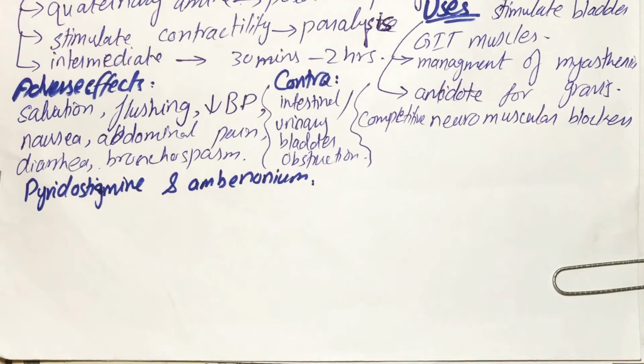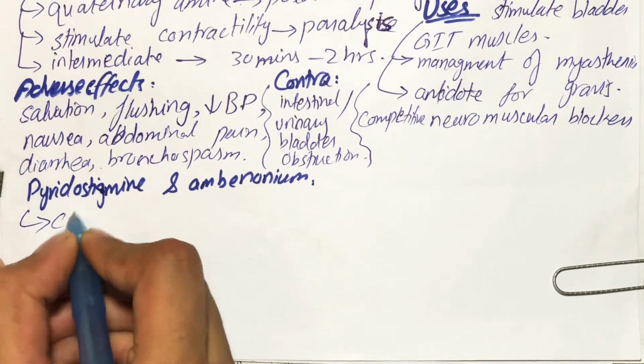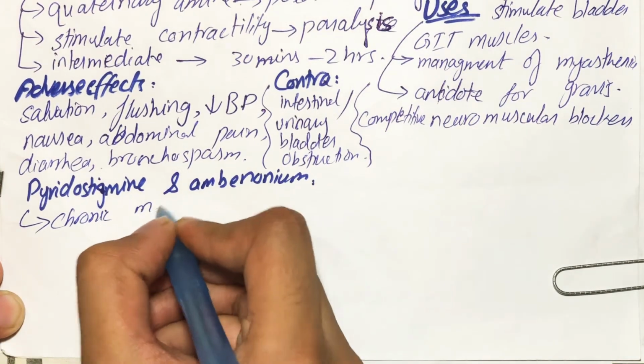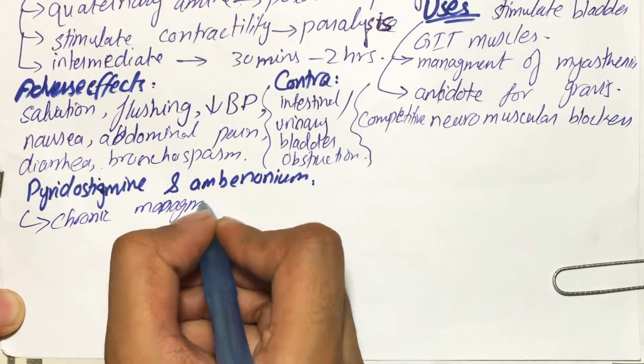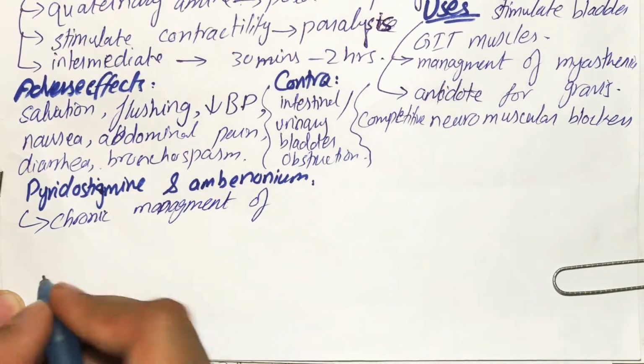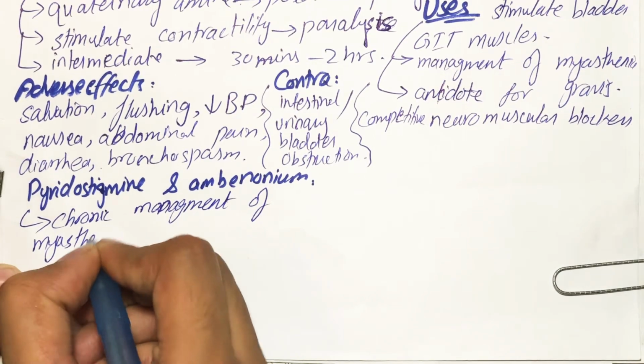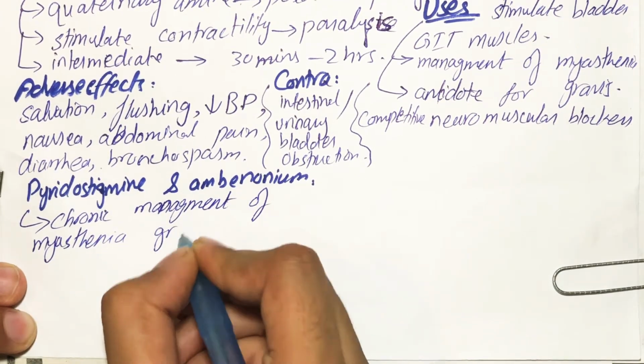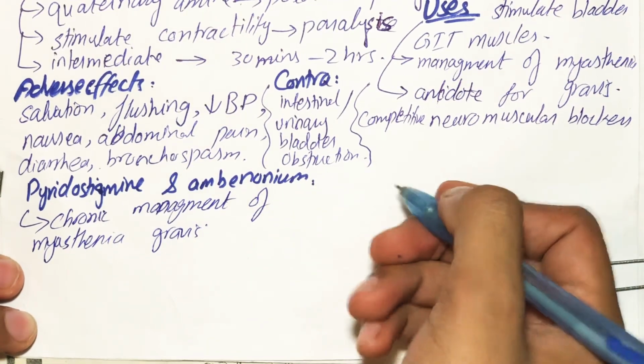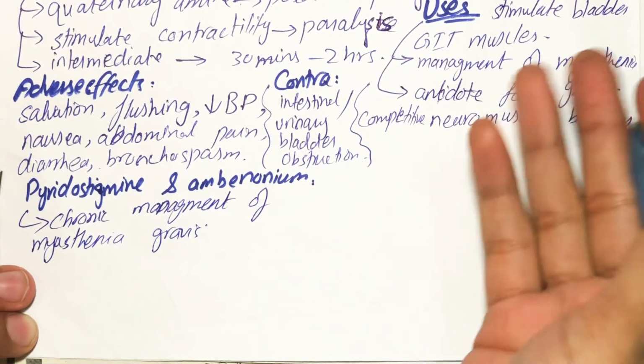So next agents are Pyridostigmine and Ambenonium. These agents are also acetylcholine esterase inhibitors. So they are also used in the chronic management of Myasthenia Gravis. And their duration of action is also intermediate.